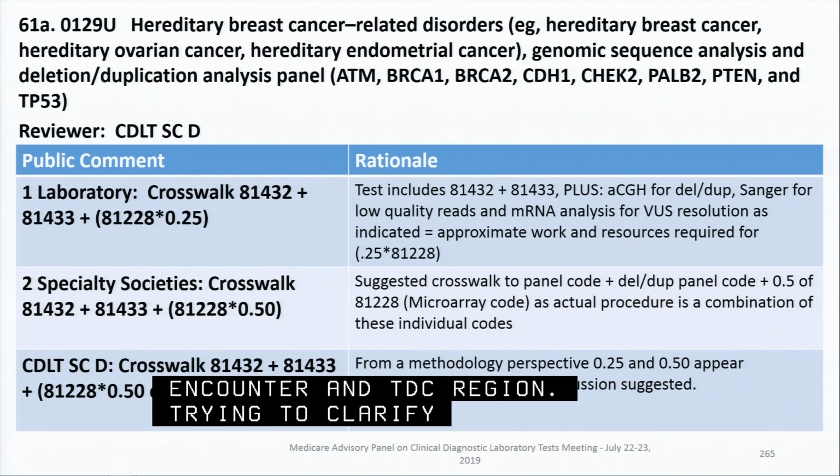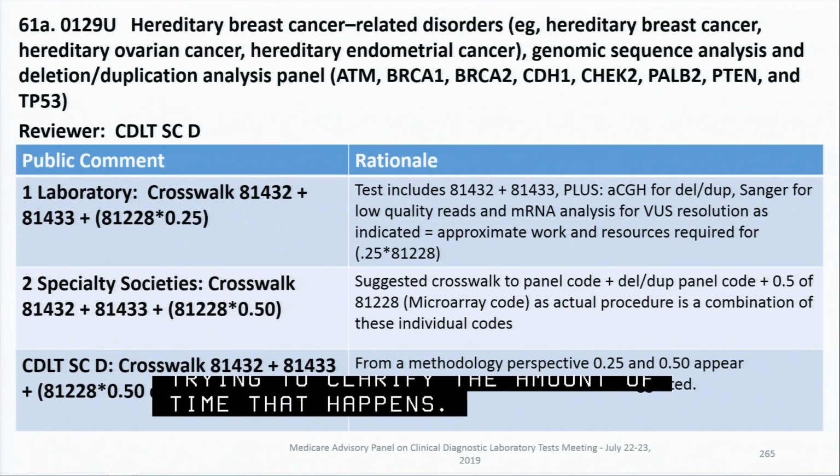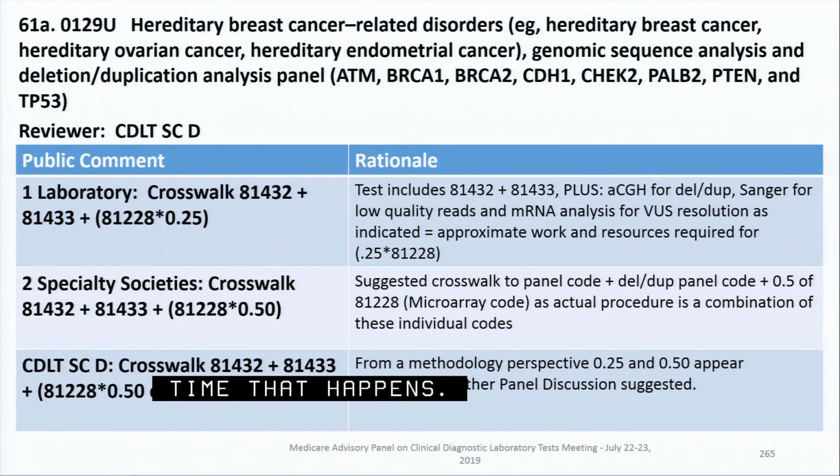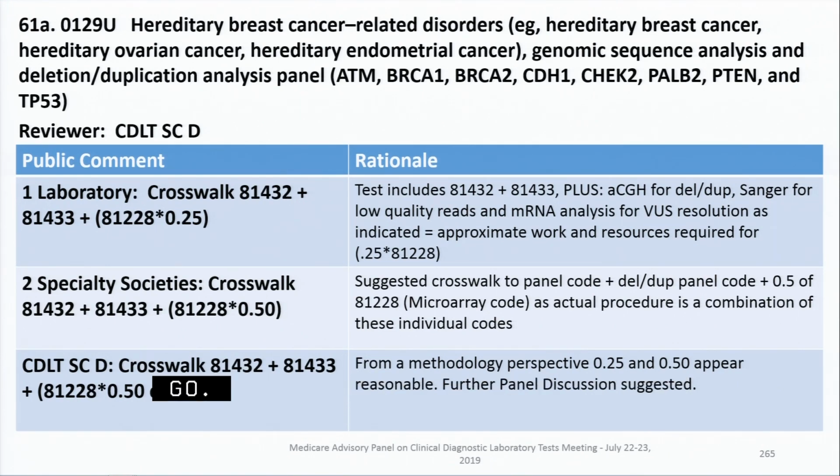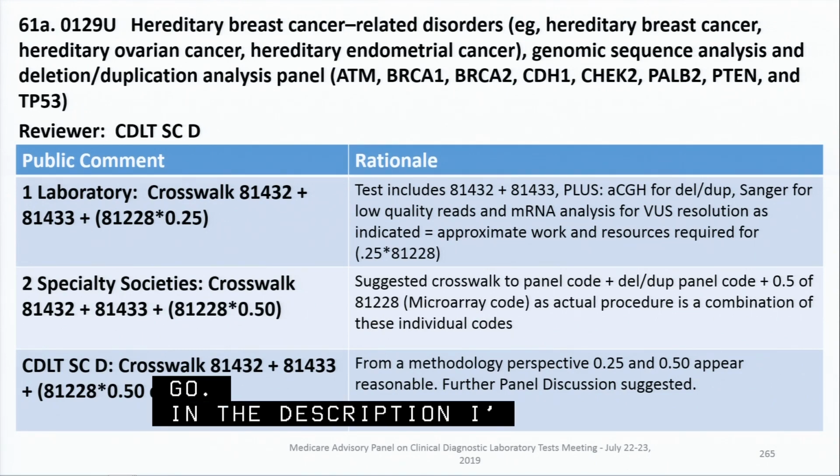Dr. Lyon? I'm a little confused because you're talking about PMS2 as one of the genes, weren't you? Correct. In the description that I have here that I thought was for this test, I don't see PMS2 as listed there.